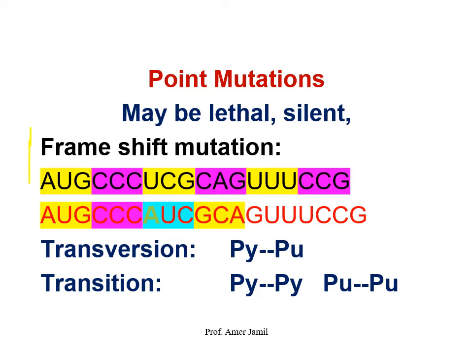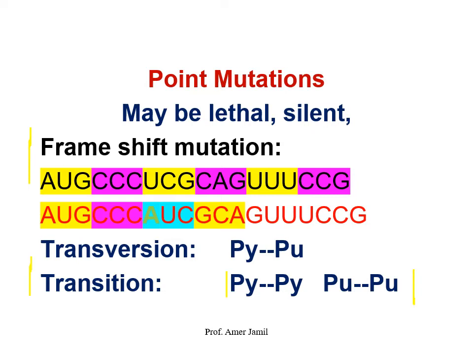Then we have transition. Transition is also a single base nucleotide point mutation, but in this case purine is replaced by purine, or pyrimidine is replaced by pyrimidine. This is shown by pyrimidine, this is by the purine. So in this case alternate purine or pyrimidines are used.